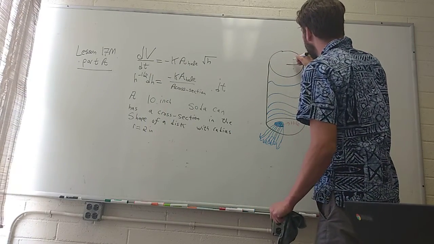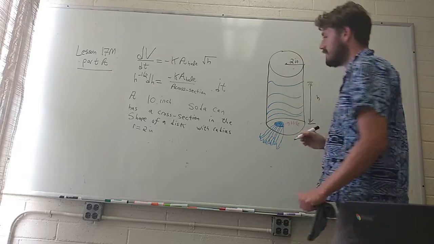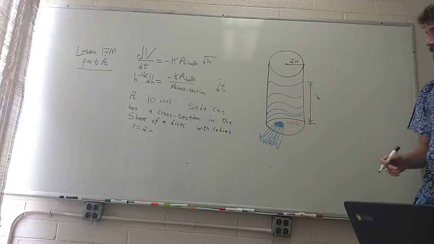So that means the radius at the top or bottom of the soda can is going to be 2 inches.